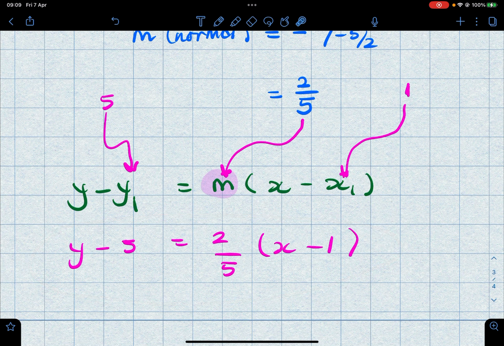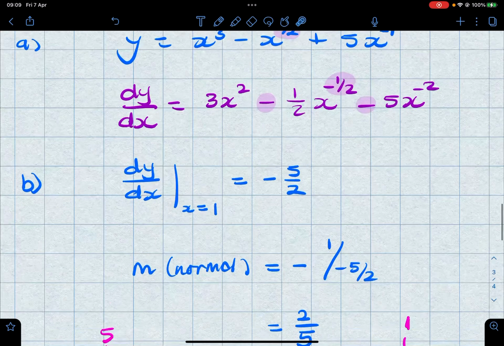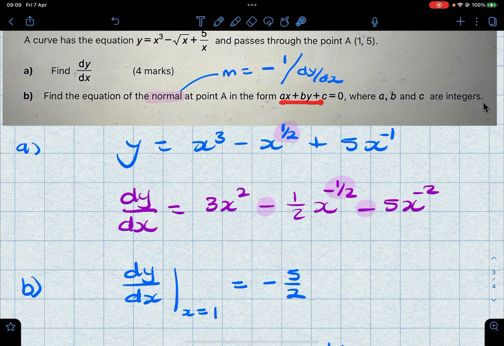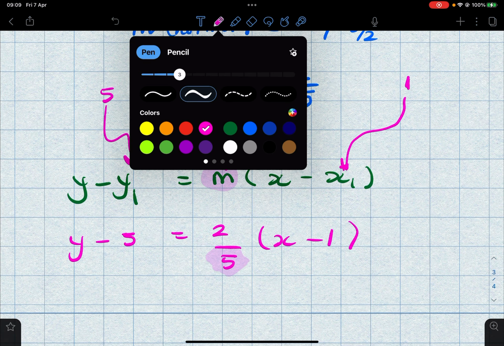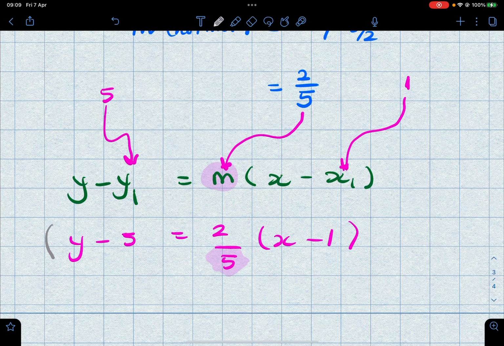It's just not your final answer because they don't want fractions and they don't want any multiplication. They want it in this form, ax plus by plus c equals 0. So let's get rid of the 5 because they don't want fractions. They said they want integers. So one way to do that is to multiply both sides by 5.